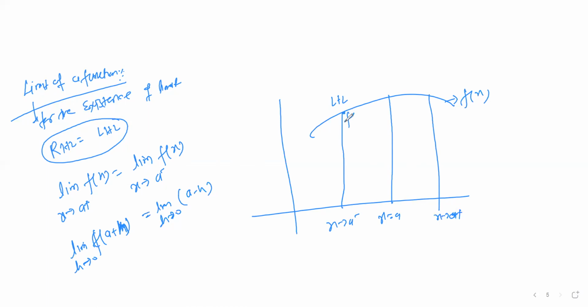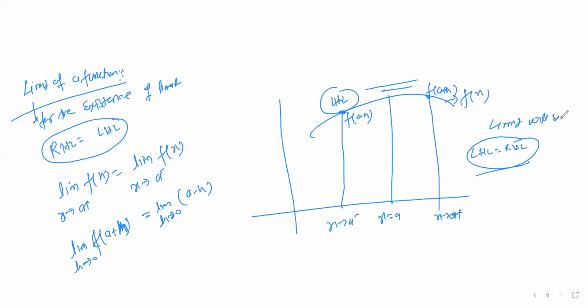Whatever value you get here, a minus h, and here a plus h, if these two values are equal, then only the limit value will exist. If LHL is equal to RHL, then only the limit will exist.